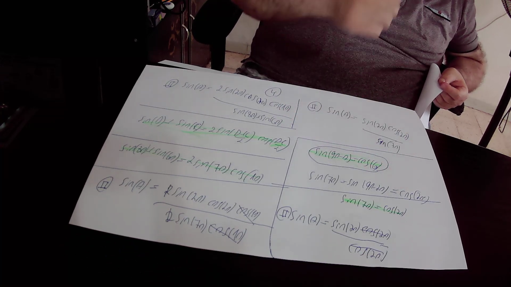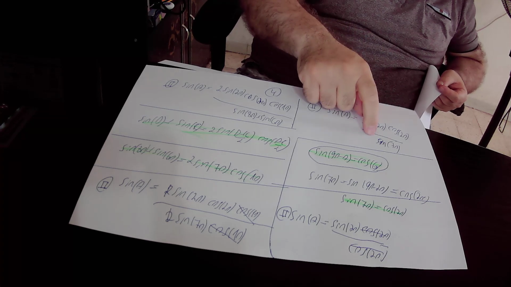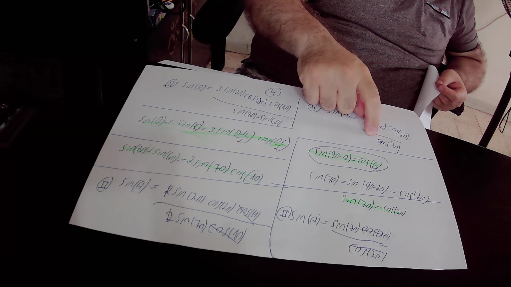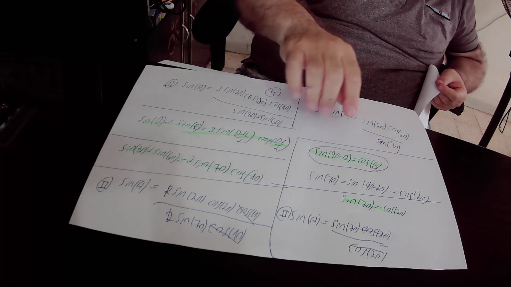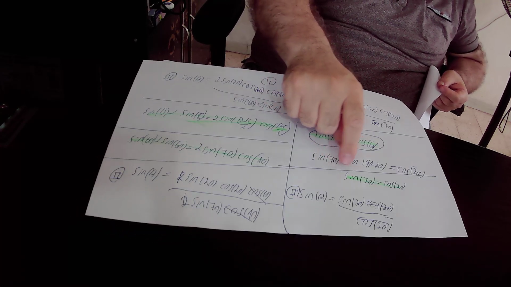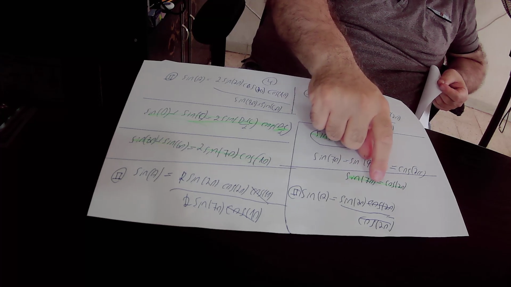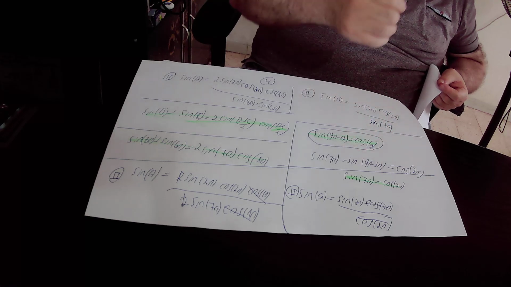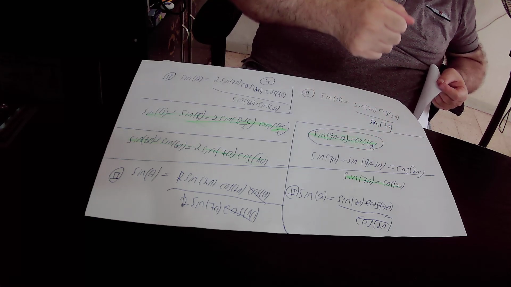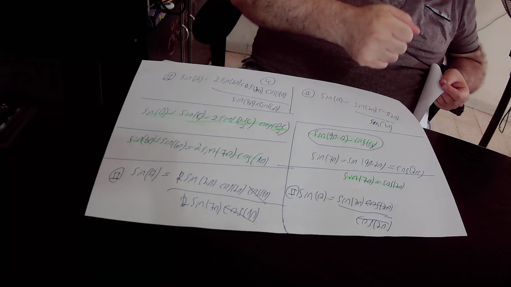That is to say, we can substitute sin 70 degrees in the denominator of equation number 2 by cos 20 degrees. We did it, and we got that sin theta equals sin 20 degrees times cos 20 degrees over cos 20 degrees. So cos 20 degrees will get cancelled.